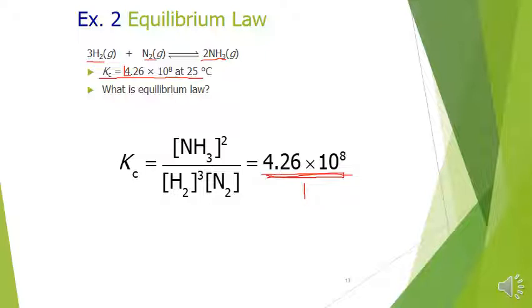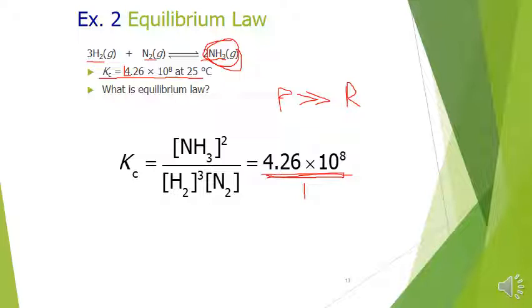That means there's a lot more product than reactant. Keep that in mind. These numbers aren't just numbers. It gives you an idea that this reaction really favors the product. If you looked at this reaction, you wouldn't even hardly notice that there were any reactants, because this is a huge number.